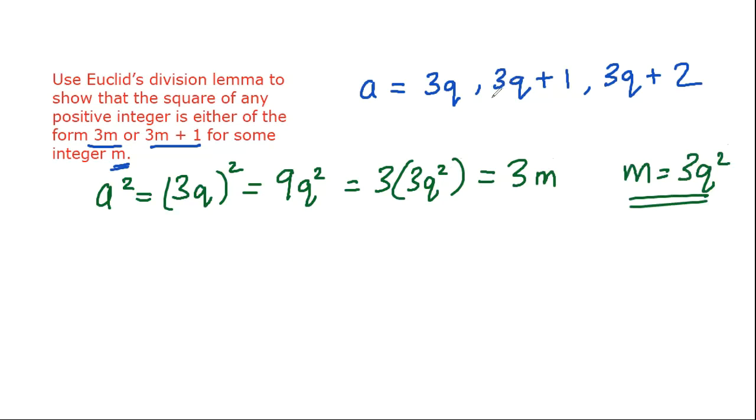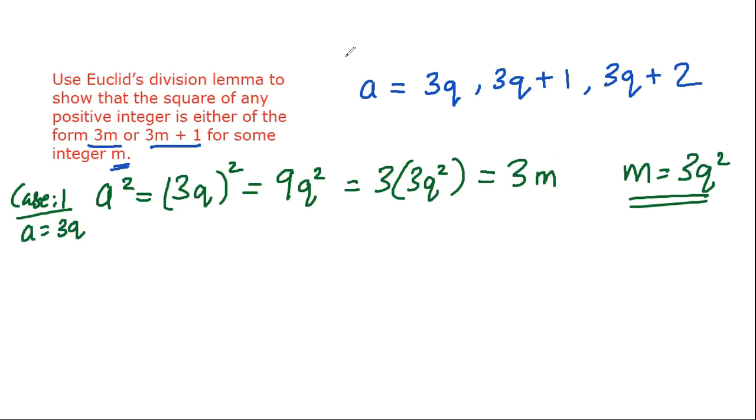This is case 1. Case 1 means a is equal to 3q.